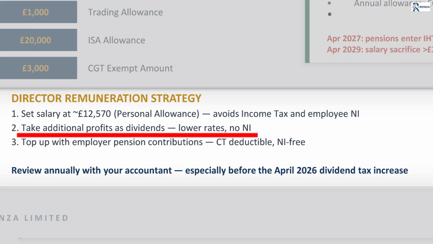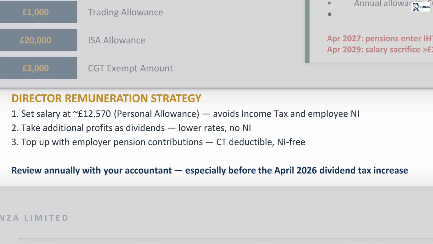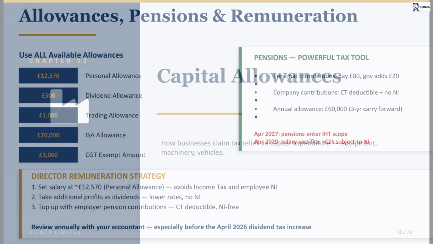Take additional profits as dividends, which benefit from lower tax rates and no national insurance. Step 3. Top up with employer pension contributions, which are corporation tax deductible and NI-free. And Step 4. Review this annually with your accountant, especially in light of the April 2026 dividend tax increase.